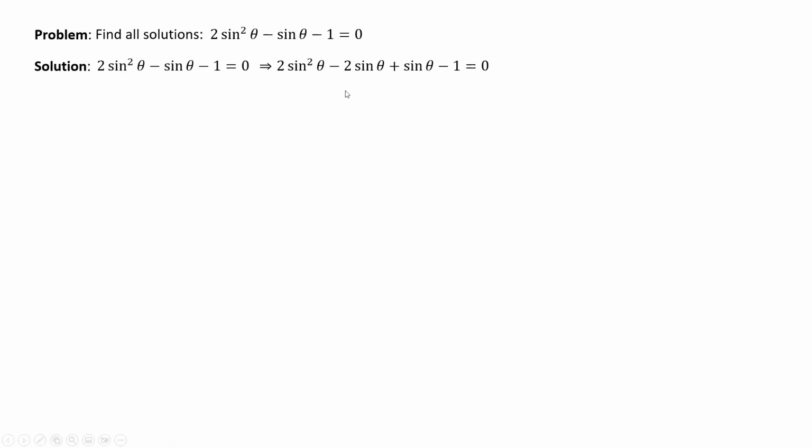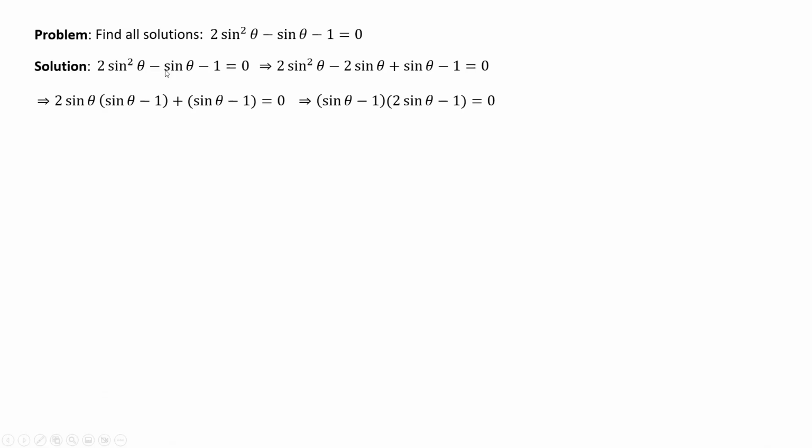So anyway, it turns out that you can solve this quadratic equation as sine theta minus 1 times 2 sine theta minus 1 equals 0. What did I do? This is called factoring a quadratic using the grouping method.